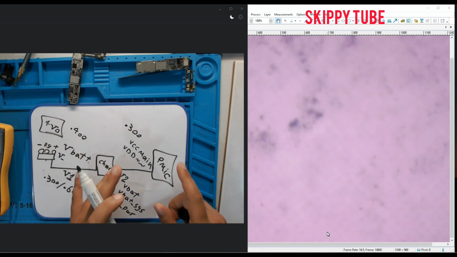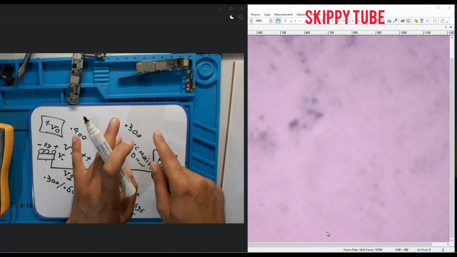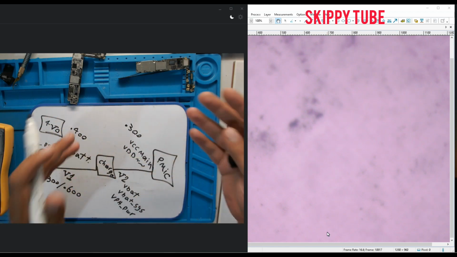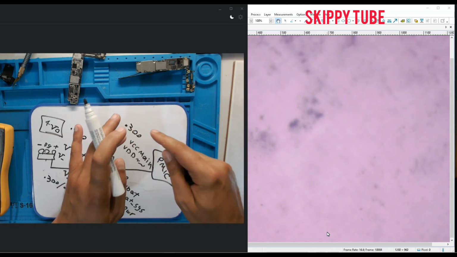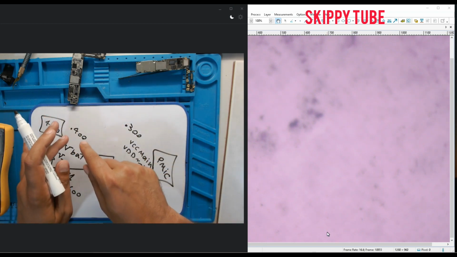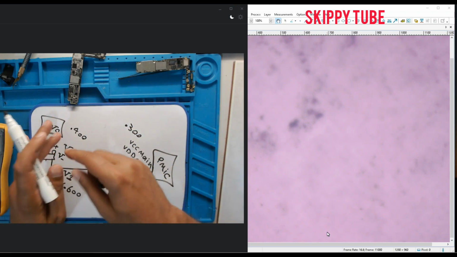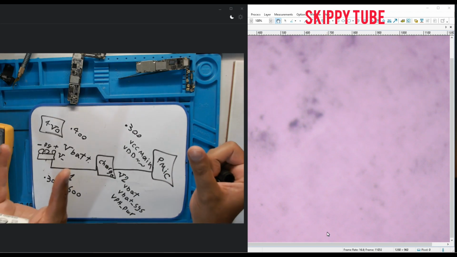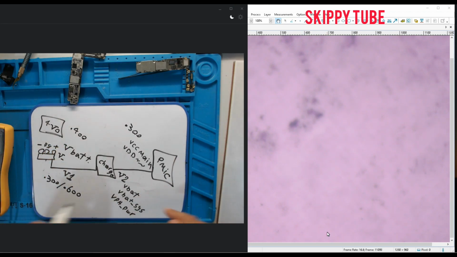Right now you know two sides need to show the diode value between 0.300 and 0.600. When you check the diode value on a normal phone, if one side is 300, the other side needs to show more than this one. Doesn't matter. If it's 400, it needs to show 400, 500, but between 0.300 and 0.600.